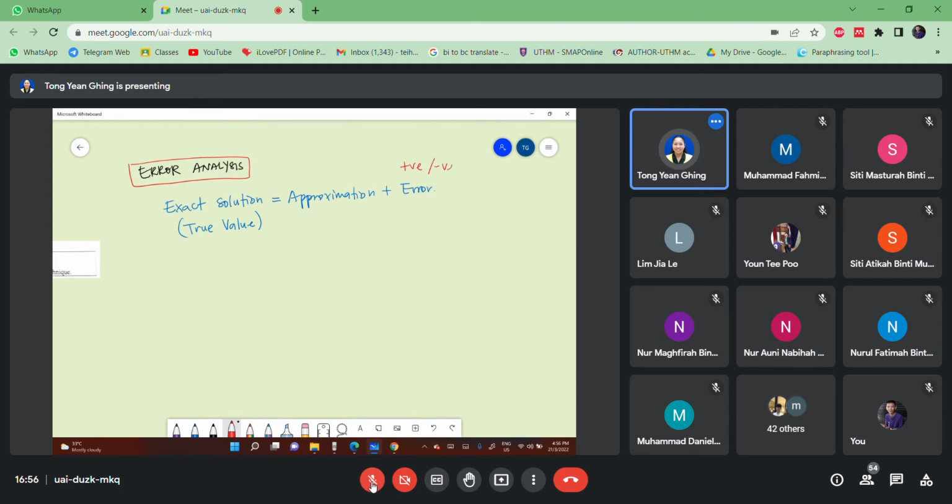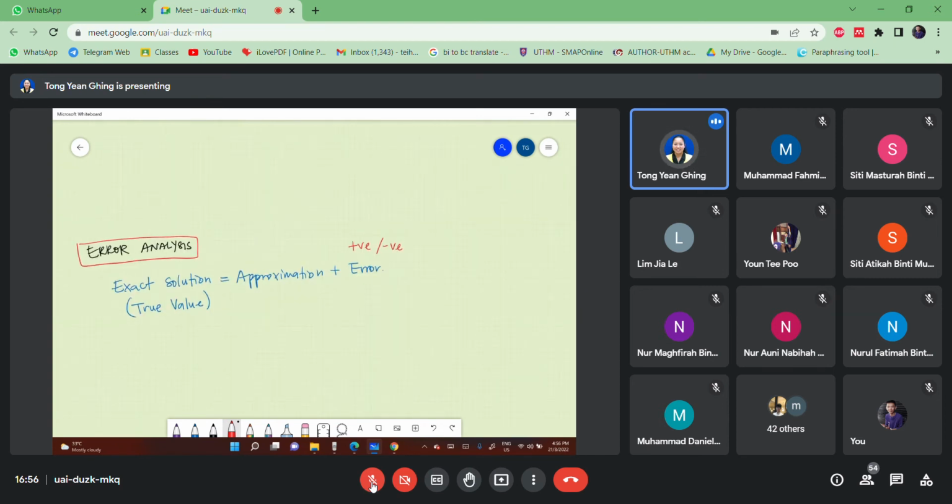So depend. Sebab kadang-kadang we overestimate. Kalau overestimate, we get an error, positive error. Kalau kadang-kadang we underestimate, so we will get a negative error. Faham apa saya cakap? Contoh tadi lah kan, let's say this one 253 katakanlah unit.